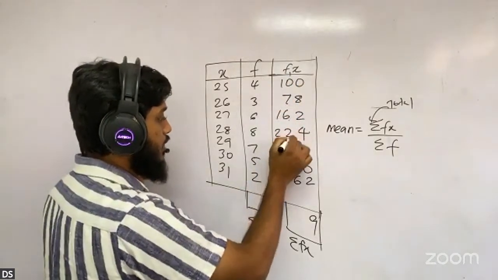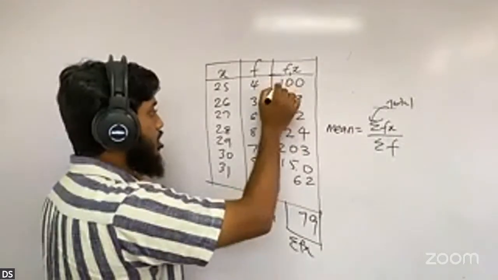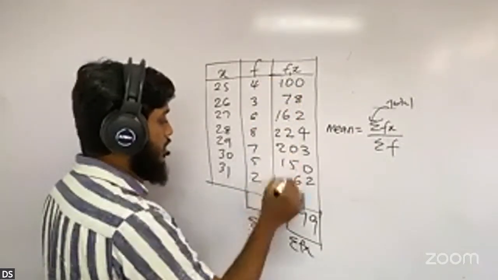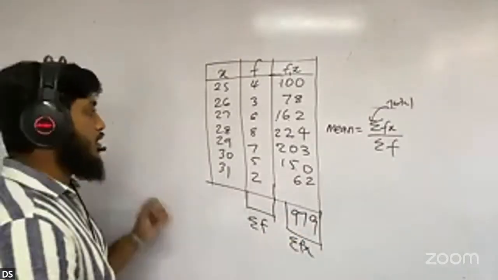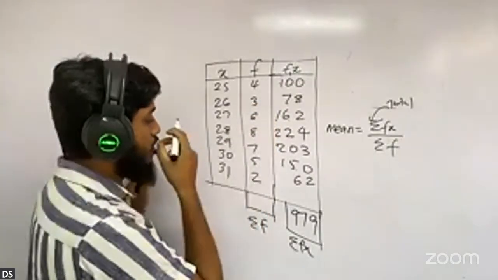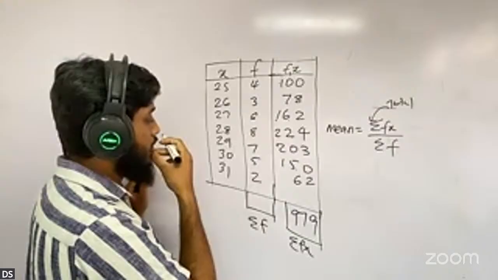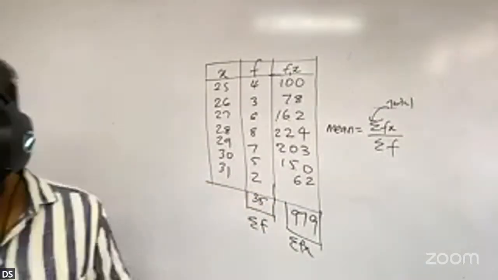The total of fx is 979. Add all the f together: 4, 7, 13, 21, 28, 33, 35. There are 35 houses altogether.